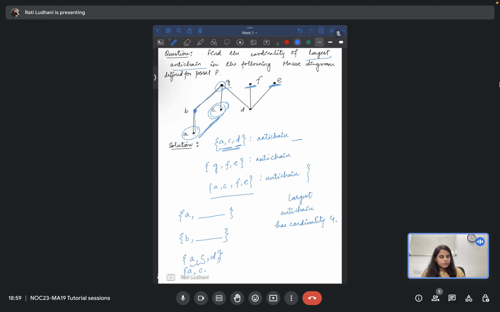Now replace D by something else which you can possibly take. So A, C, B, D, and now you will try E, for example. After E you can again take F, right? You cannot take G because C is related to G. So you are done with this. When you have taken F, A, C, E, F, can you pick anything else other than F? That is not a possibility, so that is okay.